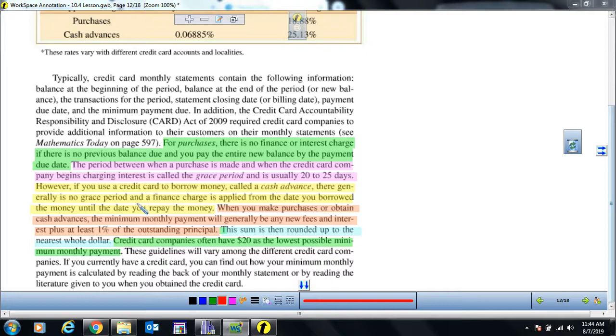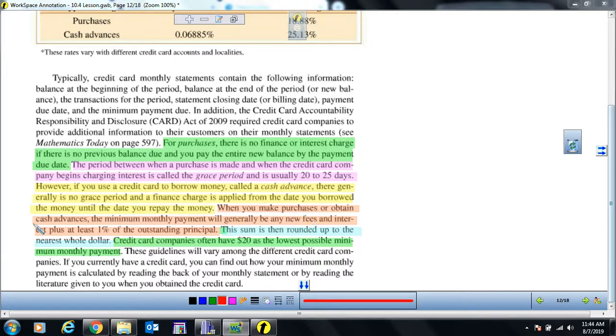That's not a very good idea, because after you get the cash advance, generally there's no grace period, and a finance charge is applied from the date you get the money out. So they're not going to wait until the next billing cycle's due date. They're already charging you a finance charge, and interest probably, from the moment you took the money out.